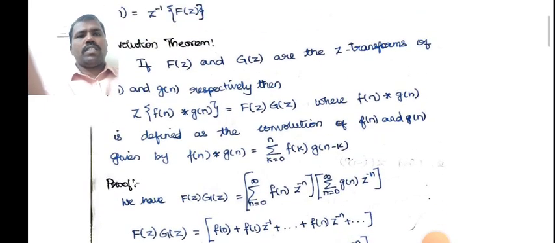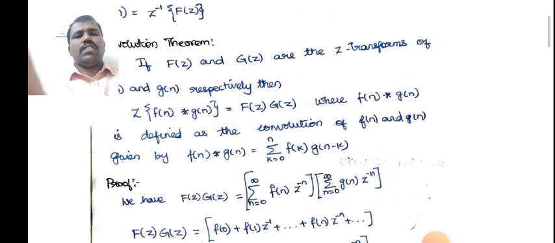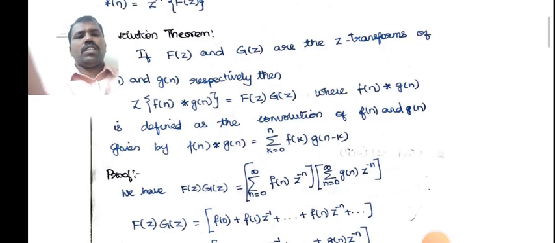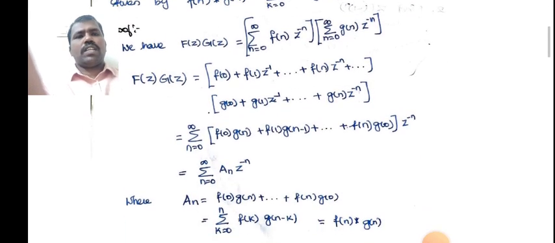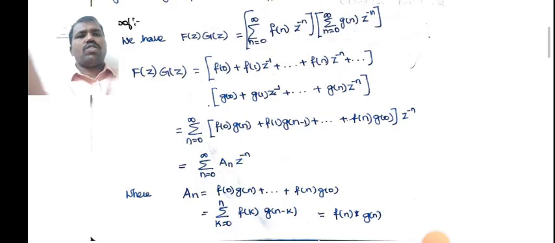This is the statement of the convolution theorem. Proof. We have F of z into G of z equal to summation n equal to 0 to infinity f of n z power minus n, into summation n equal to 0 to infinity g of n z power minus n.